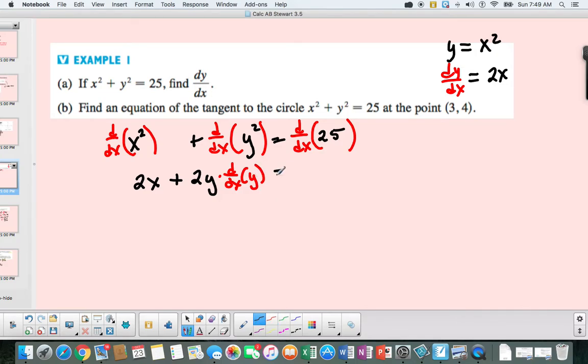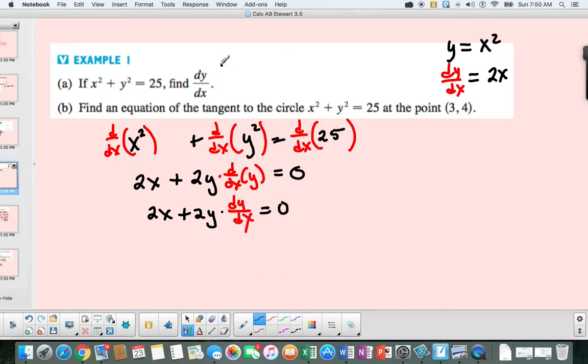The derivative of a constant is 0. Okay, let's keep going. 2x plus 2y, and now the derivative of y, very similar to what I did over here, is going to be dy/dx, and that's going to be equal to 0.